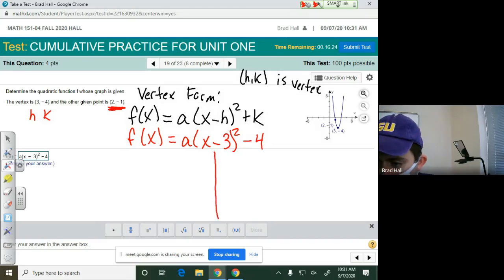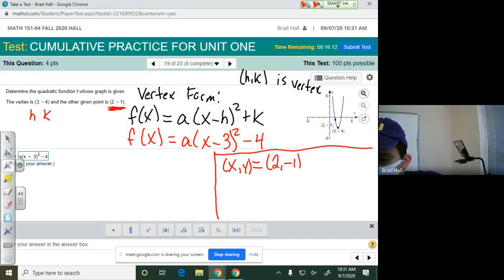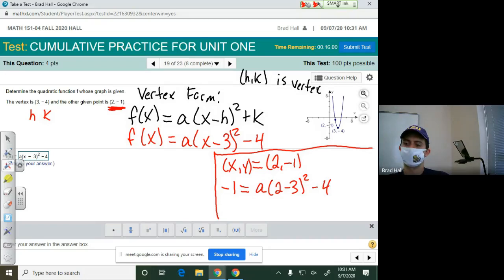So this would be scratch work off to the side. So now we have -1 is equal to a(2 minus 3) squared minus 4. I plugged in 2 for x and -1 for y.